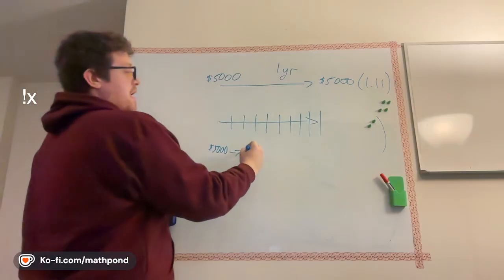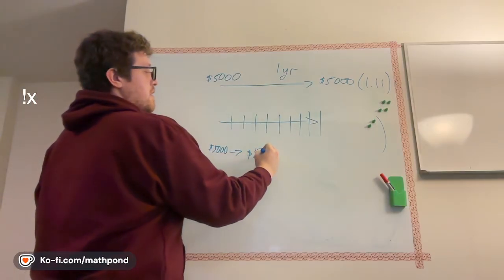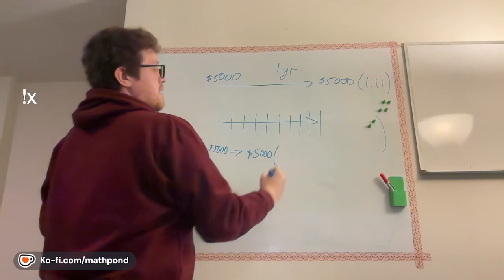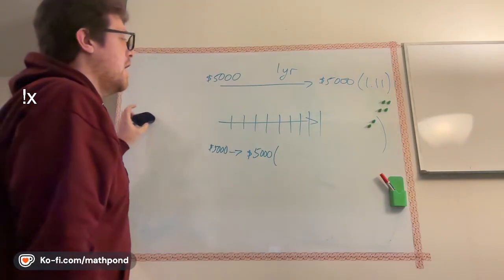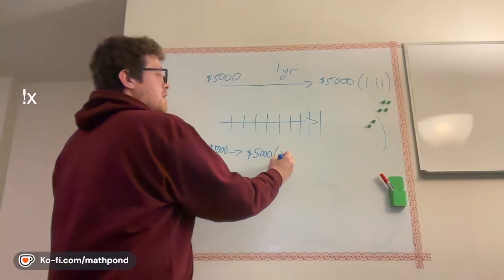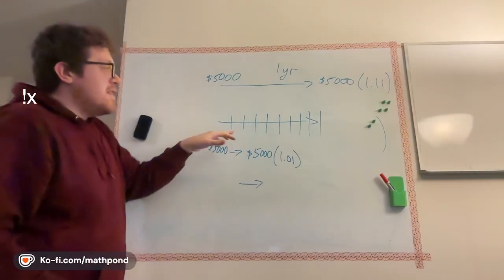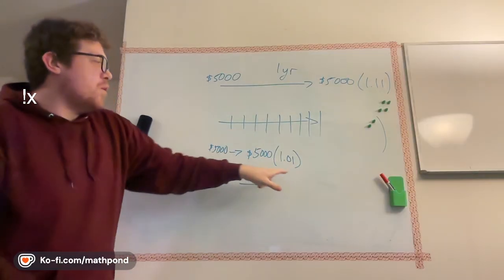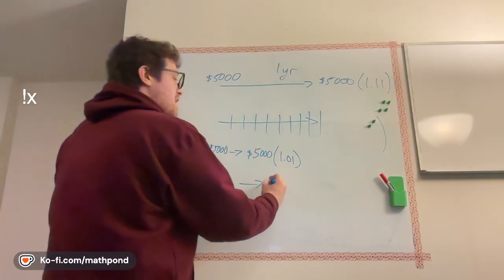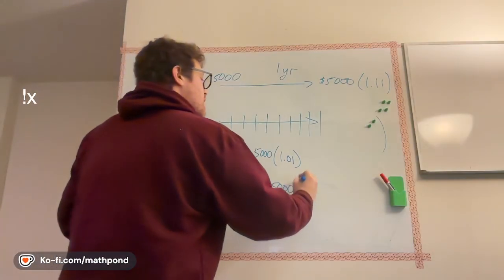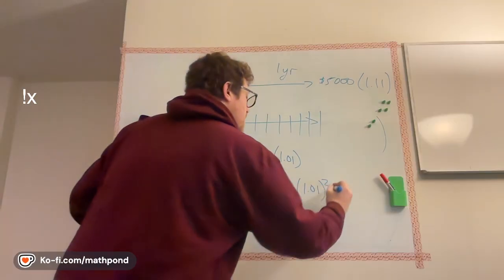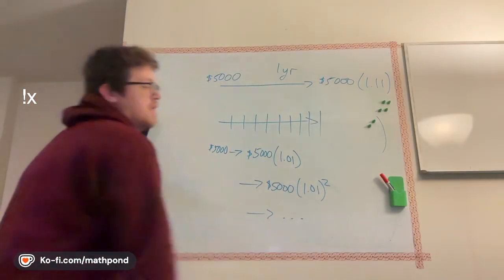then I get 5,000 times 1.01. Then at the next step, I get 1.01 of that. So I get another 5,000 times 1.01 squared, and so on.